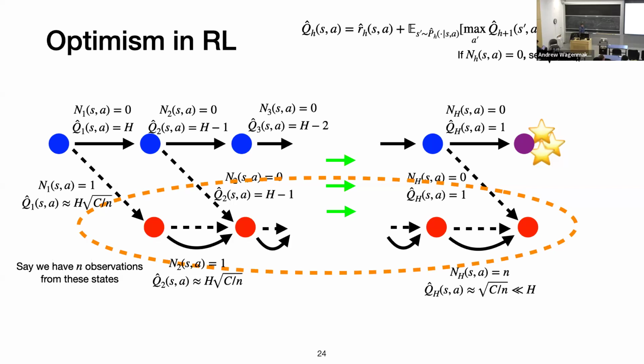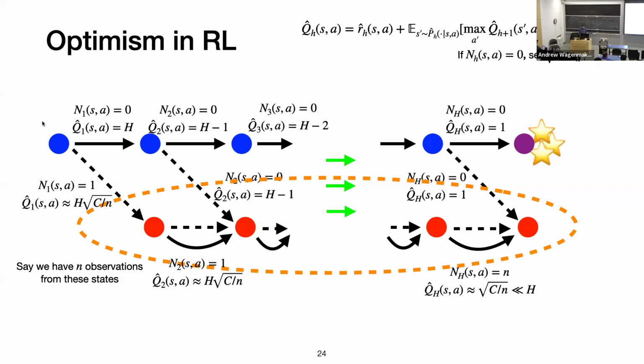And then I continually solve this equation, and every step I'm just adding another factor of square root C over n. So what I end up with is that at the beginning, Q hat of 1 for that first action is approximately H over square root of n. So if n is large, I see that Q hat of 1 for this action is pretty small, perhaps.